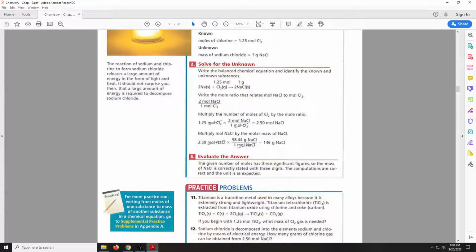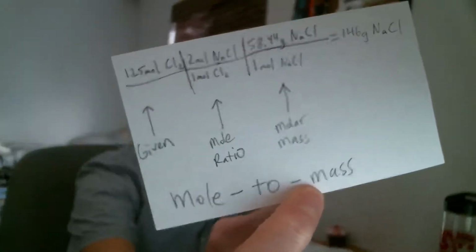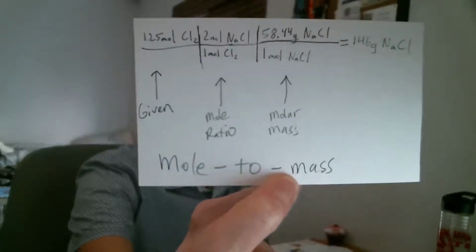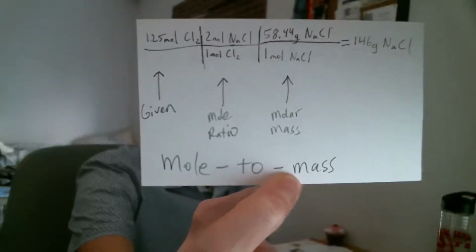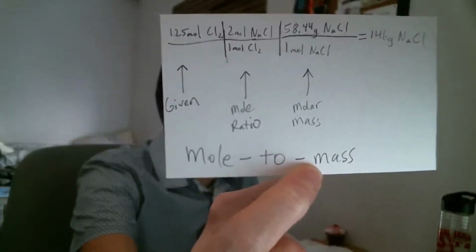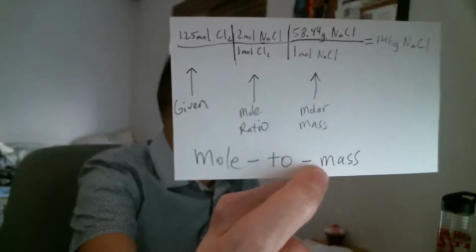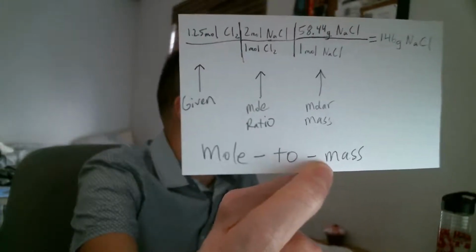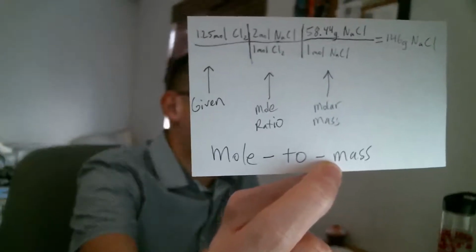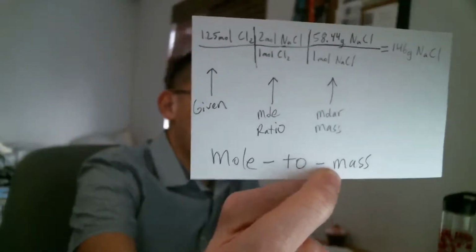This is how you do it step by step, but if this was in class, I would do it this way. Put my given on the top right there, plug in the correct mole ratio, knowing that I need to put moles of chlorine on the bottom, and then plugging in the molar mass value on the very end of it, multiplying everything on the top divided by everything on the bottom that has been multiplied as well, and we get 146 grams.